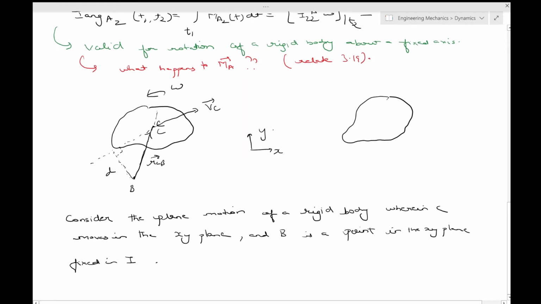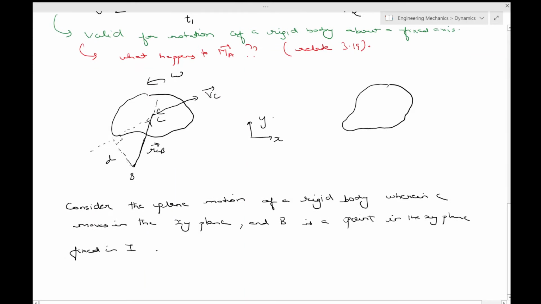Now that's clear from this diagram. Now look at r_CB cross m v_CB.